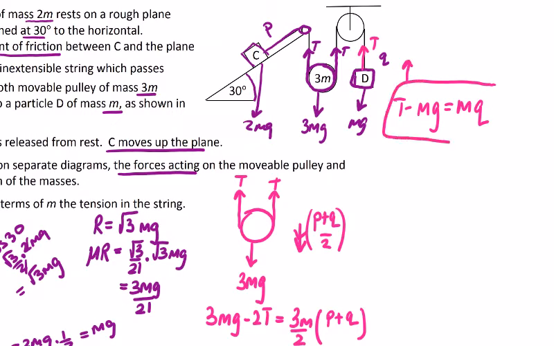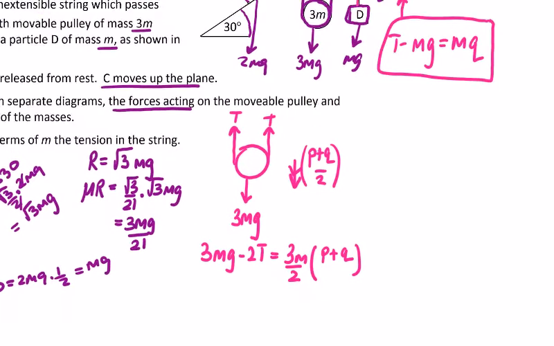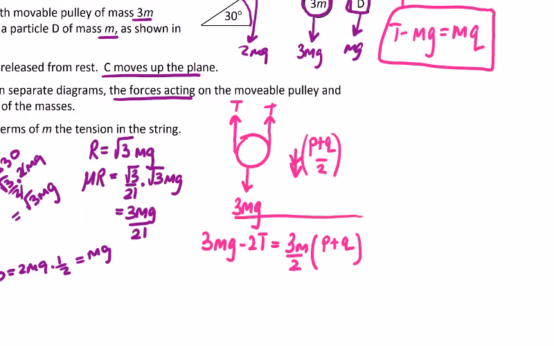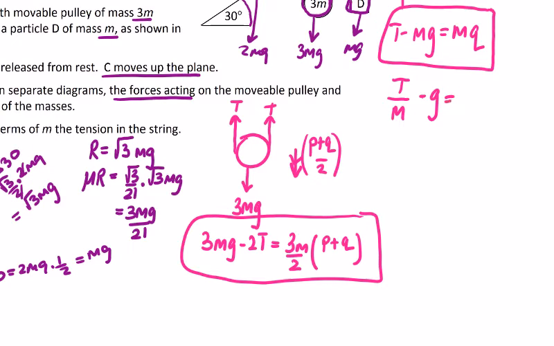So there's one equation. I need to get them in terms of Q and P, always in these cases. If we divide by m here, we get T over m minus g is equal to Q. So there's one equation for one of the accelerations.